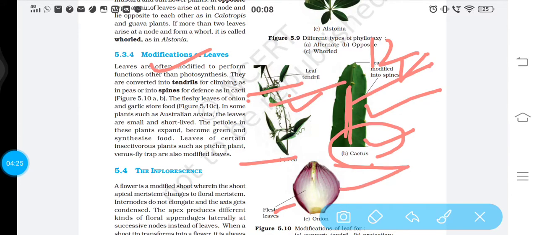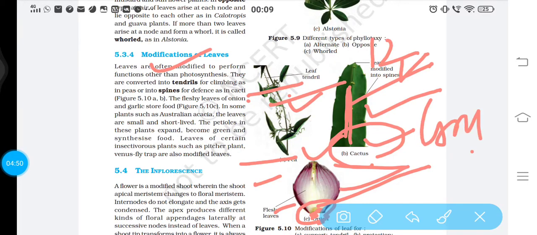The onion represents a modified leaf for the purpose of storage of food. Here the leaf becomes fleshy for the purpose of storage of food. In your junior classes like 6th, 7th, 8th, you can note that for onion it is also written that it is a modified stem, because this portion which I have highlighted represents the compressed stem, this brown colored portion over which roots arise.